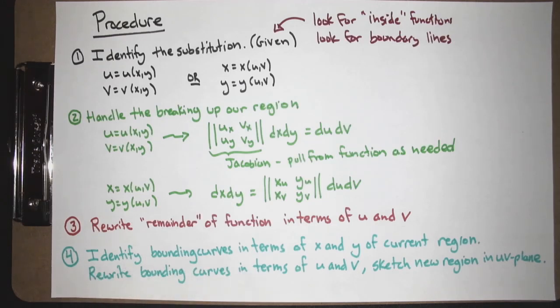Find your bounding curves. And say, here are my boundary curves in terms of x and y. Now, rewrite each curve in terms of u and v. And say, in the uv, I have my bounding curves. And mark what's being bounded. That gives you your new region.